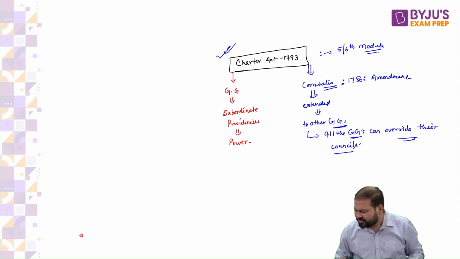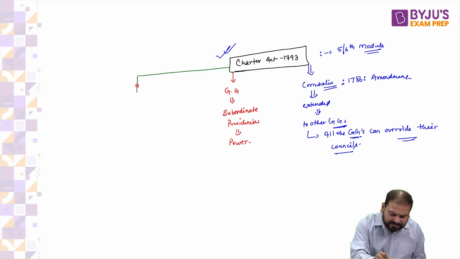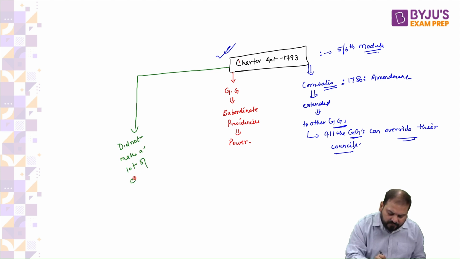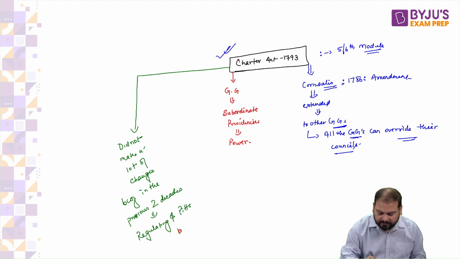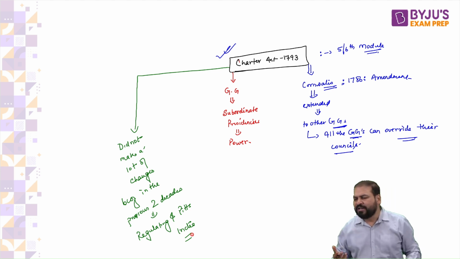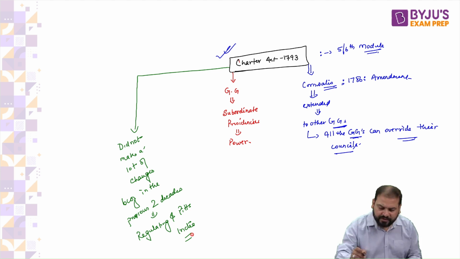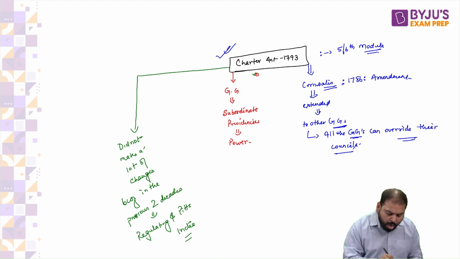Not much change. Guys, please understand, this Charter Act did not make a lot of changes, mainly because in the previous 2 decades, the Regulating Act and Pitt's India Act were both passed. So very few changes were done through this Charter Act.